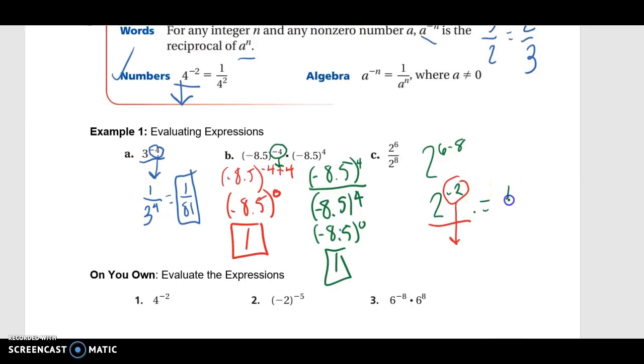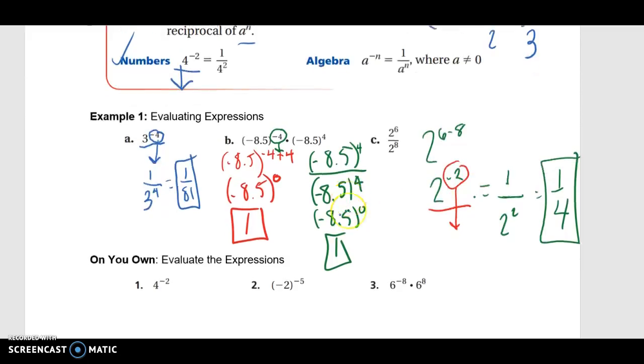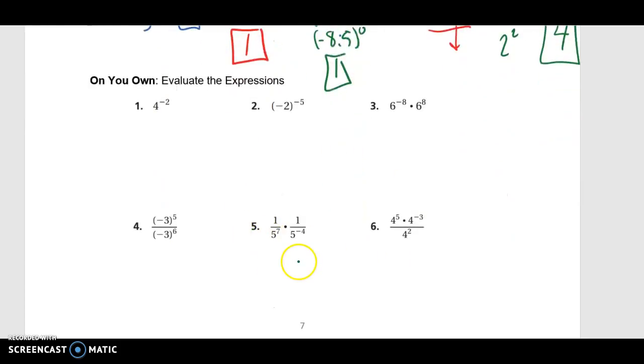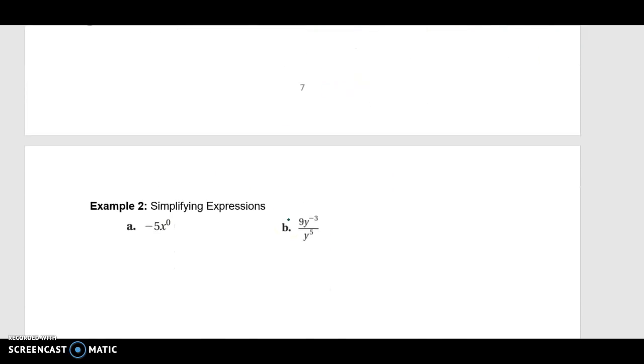So now I'm left with 1 over 2 to the 2nd power, which gives me 1/4. So anytime you have a negative exponent, either in your numerator or your denominator, you have to cross this fraction bar line in order to make it a positive exponent. Go ahead, try these next 6 on your own, and then we'll discuss them tomorrow in class.